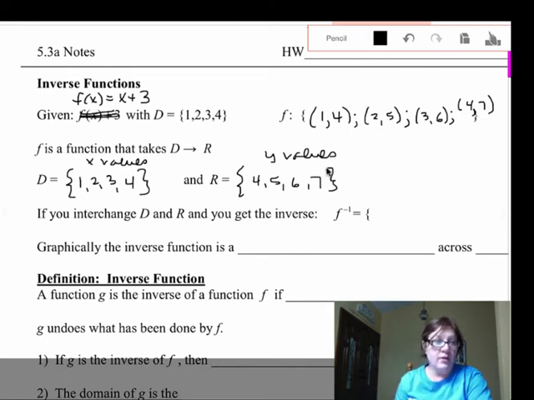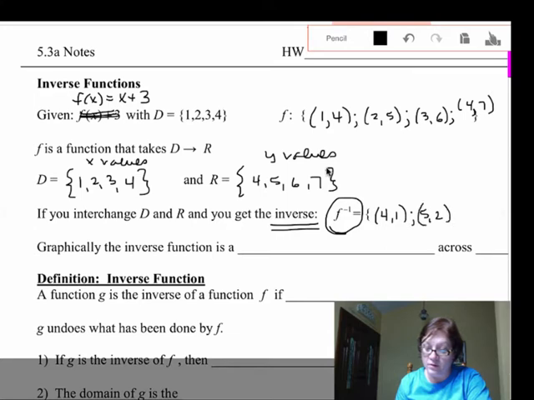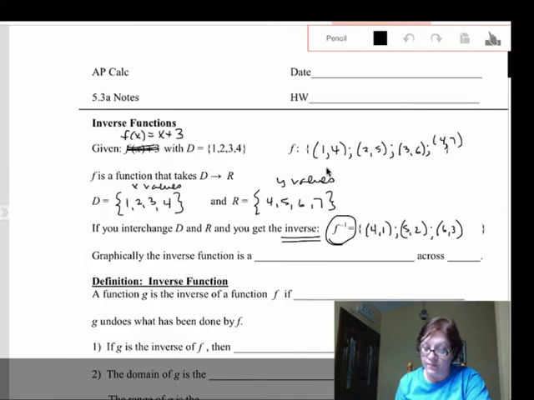Now, if I interchange the domain and range, then I'll get the inverse. And the notation, of course, is with the power of -1. That's read f inverse. And so then the set looks like (4, 1), (5, 2), (6, 3), and (7, 4).